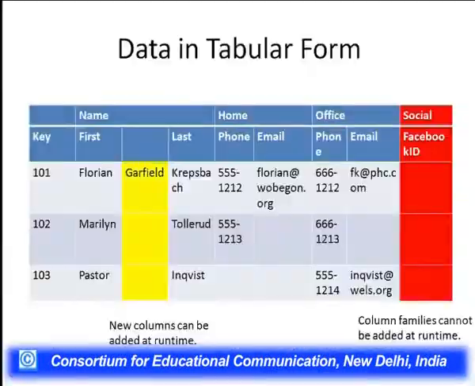So whenever we are storing data in Apache HBase, you can add columns at runtime, but you cannot add a column family at runtime. So a column family needs to be defined beforehand. You cannot enter a new column family at runtime.